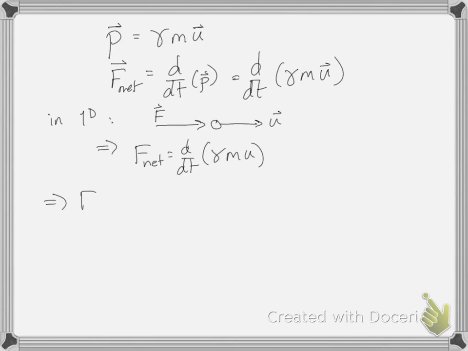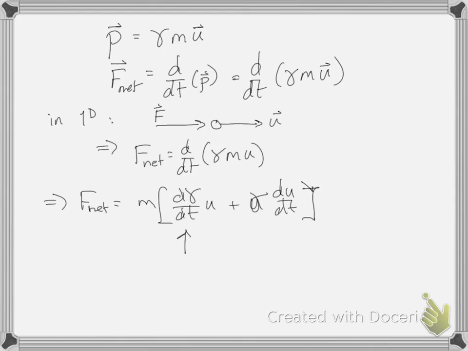So therefore, F net equals m times the quantity d gamma dt times u plus gamma times du dt. Gamma times du dt is just acceleration, but so we have to do a d gamma dt.